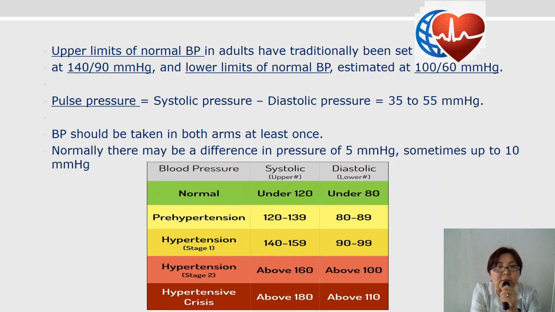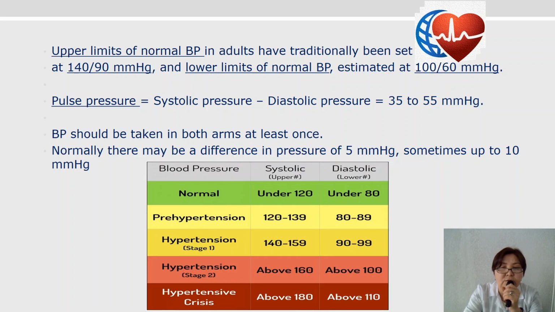Pulse pressure is the difference between systolic pressure and diastolic pressure, and normally equals 35 to 55 millimeters. Blood pressure should be taken in both arms at least once. Normally, there may be a difference in pressure of 5 millimeters, sometimes up to 10 millimeters.